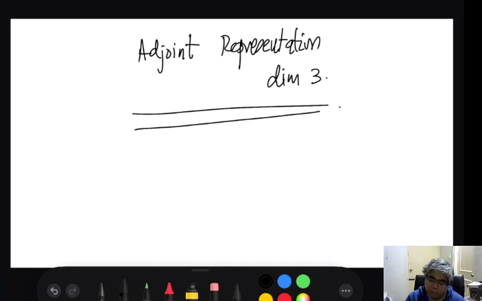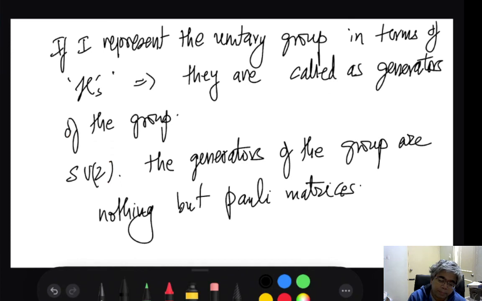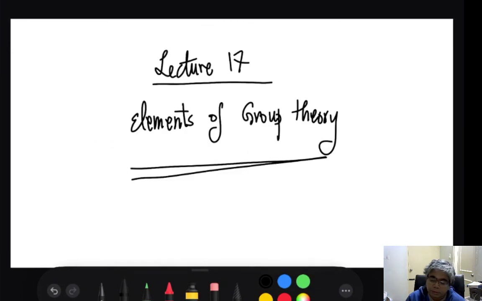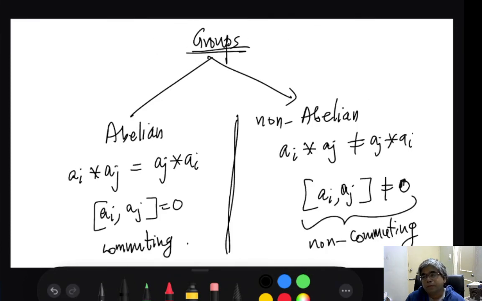So today I tried to revise all the basic properties, the elements of group theory, which we would require for understanding the next few lectures, especially the strong interactions.